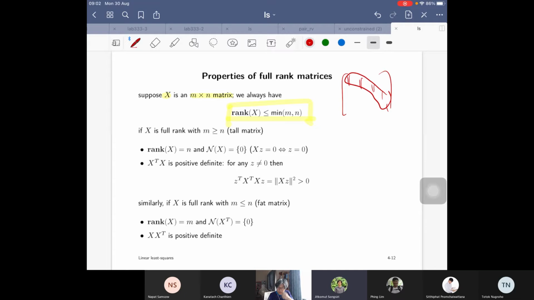Yes, the number of leading ones in the echelon form gives you the rank of the matrix x.